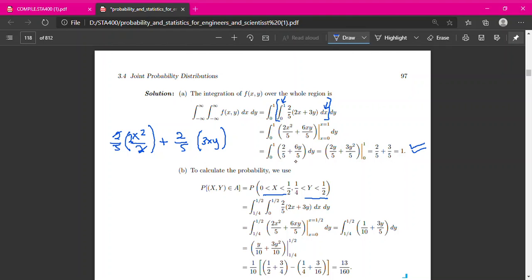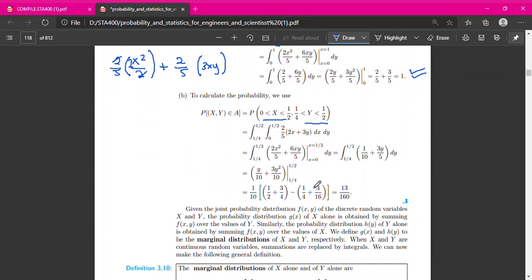So tapi dia punya limit kat sini will be berubah lah. Kalau kat sini buat dy, di sini will be 1 over 4, 1 over 2. Dx sini kat sini will be 0 and half. Okay. So sama juga macam tadi. First of all, you need to do the integration with respect to x first. So you will get this. Just replace 0 and half here.